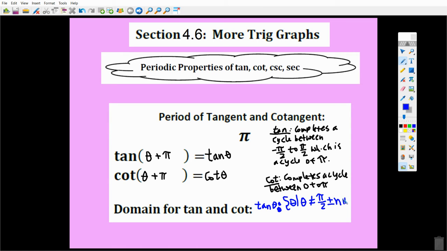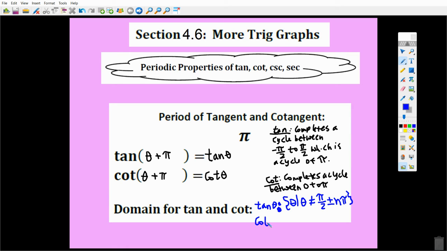So for example, you're going to notice that tangent theta is undefined at negative pi over 2, at pi over 2, and any multiple of that, okay? So literally there's going to be a dashed line there indicating stop graph. You cannot cross this line because it's undefined here.